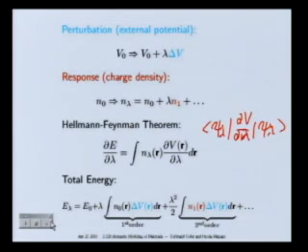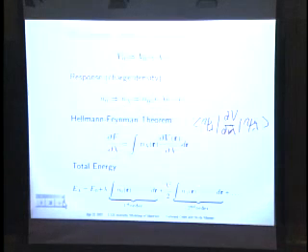And so if we expand the energy up to the first order term, the energy is equal to E0 plus lambda dE over d lambda, and then there would be a 1/2 lambda squared term.